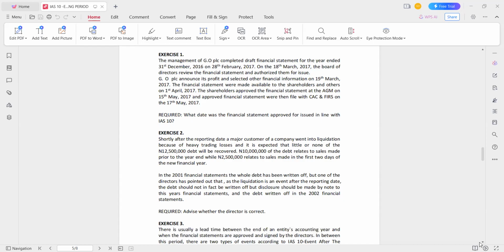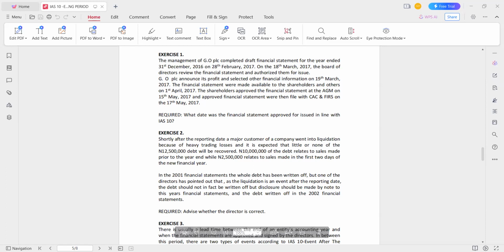Shortly after the reporting date, a major customer of a company went into liquidation because of heavy trading losses, and it is expected that little or none of the 12,500,000 debt will be recovered. 10 million of the debt relates to sales made prior to the year end, while 2.5 million relates to sales made in the first 2 days of the new financial year.